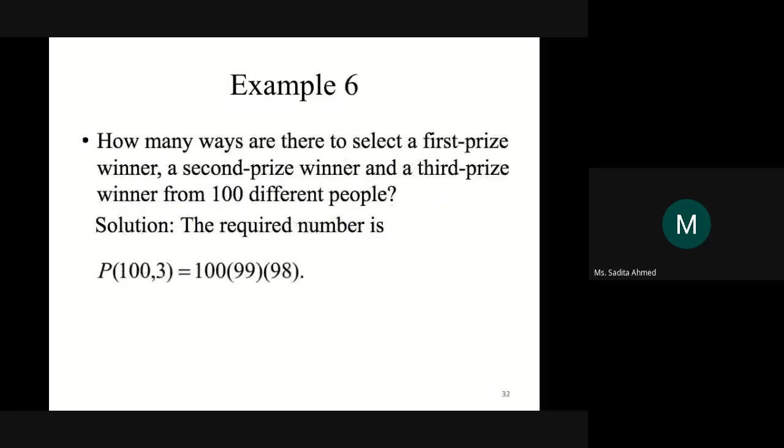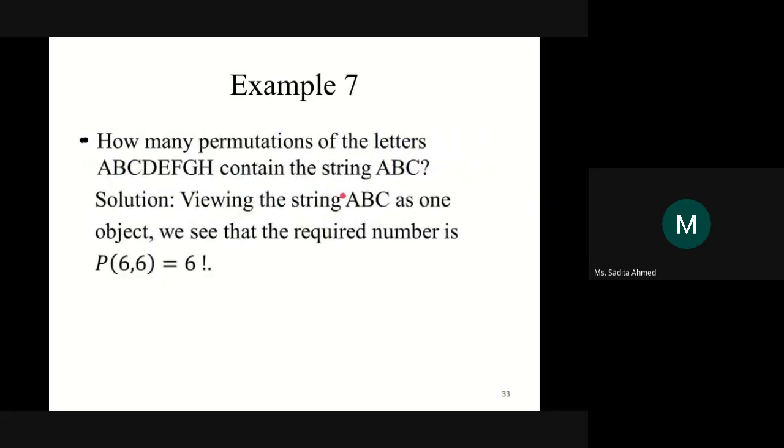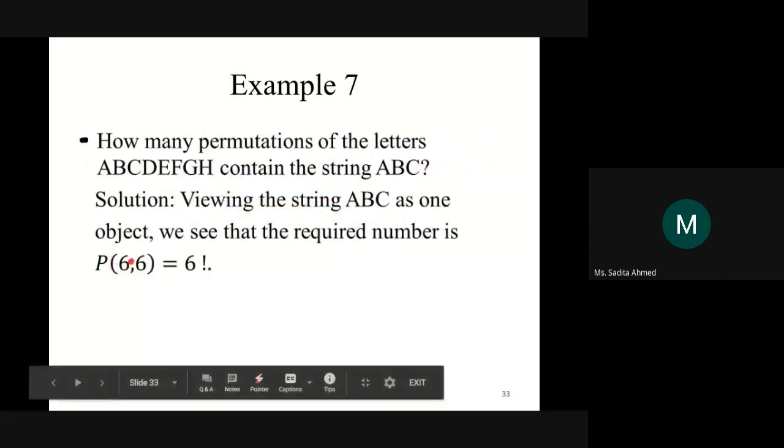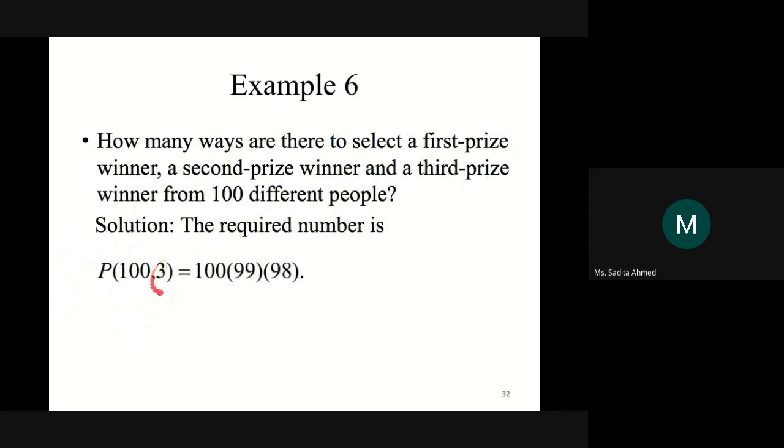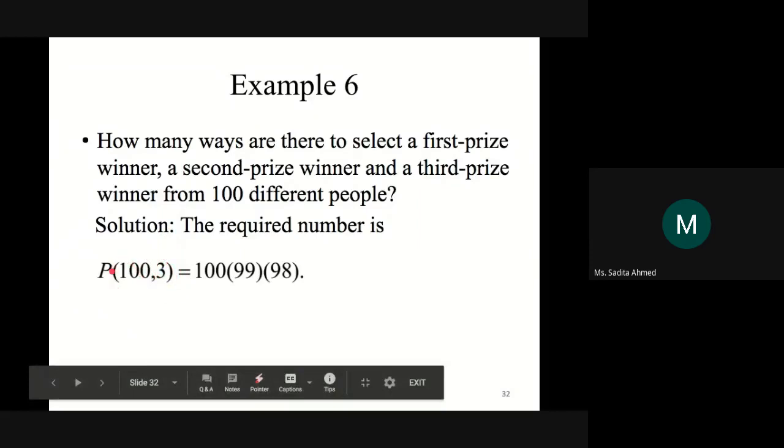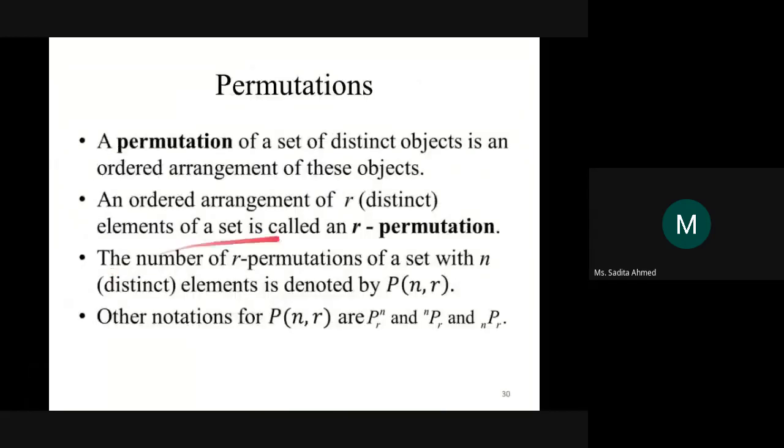I'm telling you the distinction between counting all possible permutations and counting a specific number of permutations. Here you're counting 3-permutations among 100 distinct objects. Remember the term R-permutation? What is an R-permutation? An ordered arrangement of R elements.